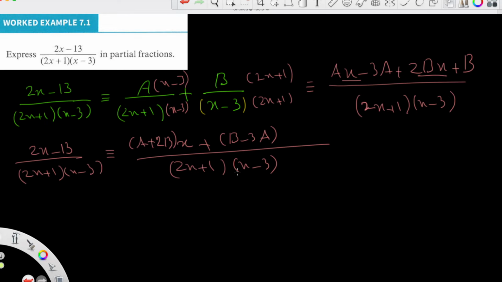Now they have the same denominator, so numerators must be the same. Actually, when you equate them, corresponding terms must have the same coefficient in both expressions. Now, the coefficient of x on the left hand side is 2, on the right hand side is A + 2B, so A + 2B is equal to 2.